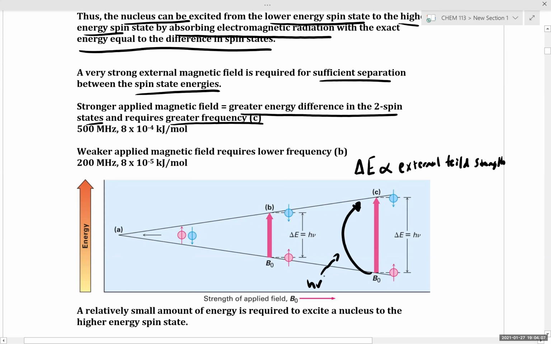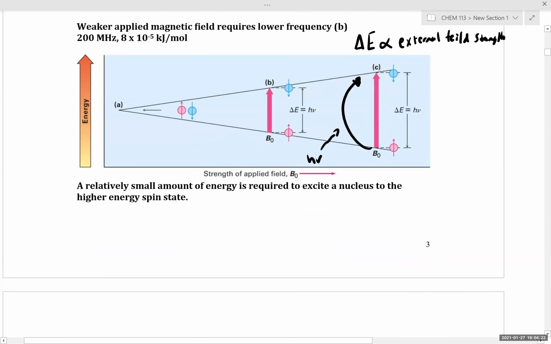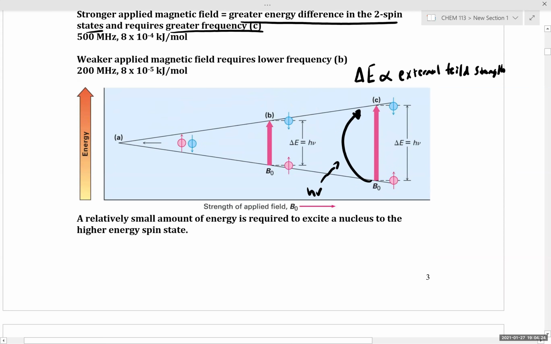Okay, so based on this difference in energy between the spin states, our sample will absorb certain frequencies of light, and we can measure the frequencies of light absorbed. The one thing I want you to know is that it takes a very small amount of energy to excite a nucleus to the higher energy spin state.